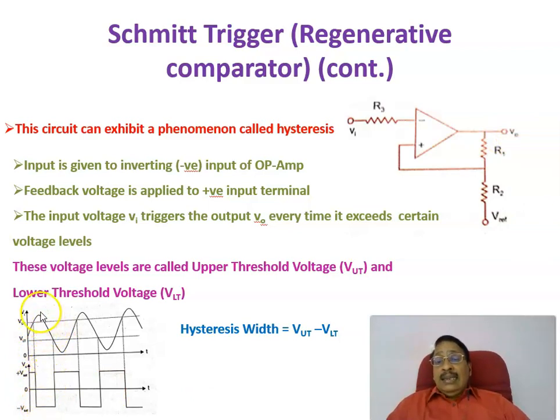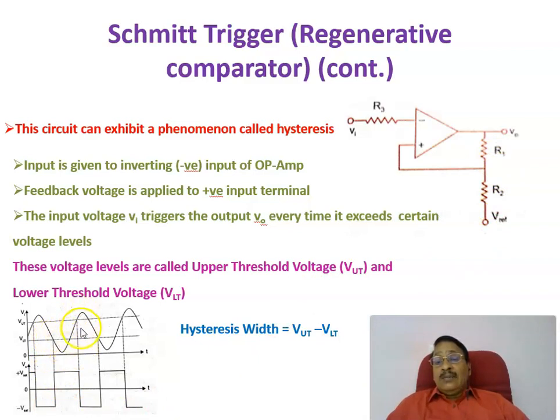Then, the next transition takes place when the input voltage falls below the lower threshold limit, that is VLT, this voltage. Then the output changes from minus Vsat to plus Vsat, and this continues.